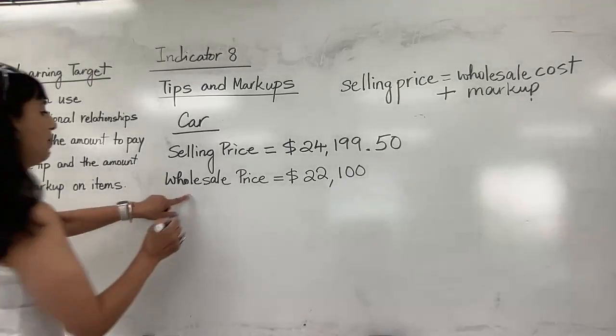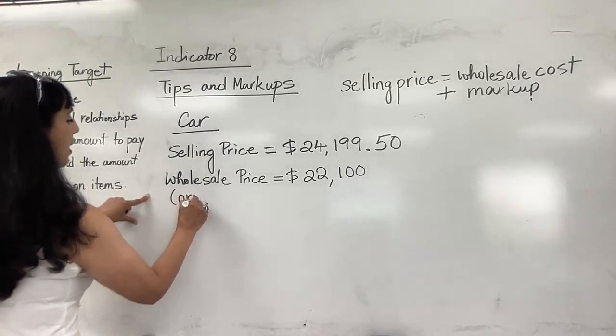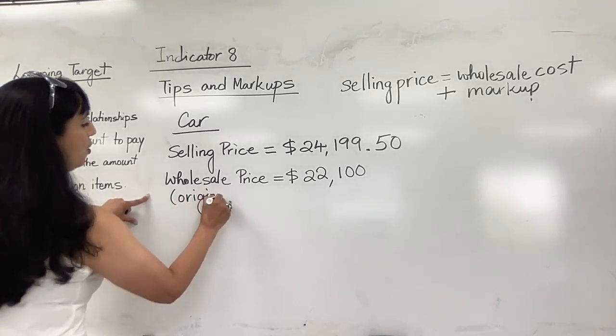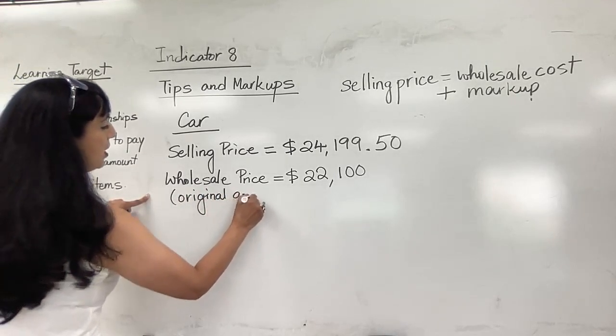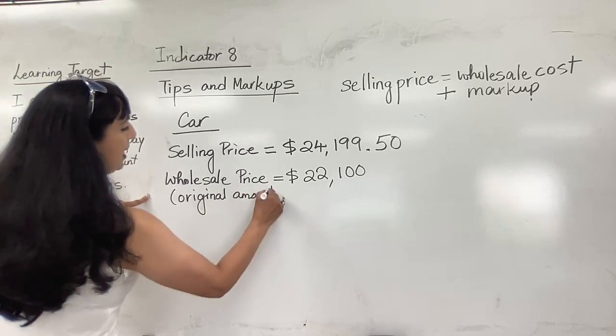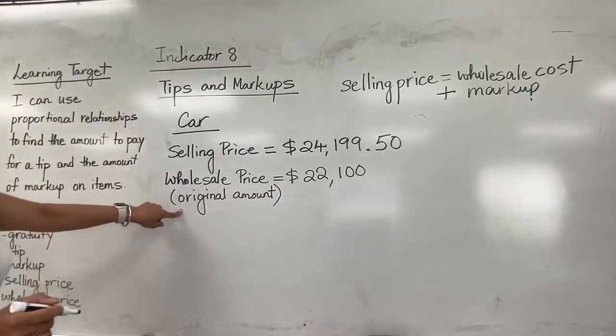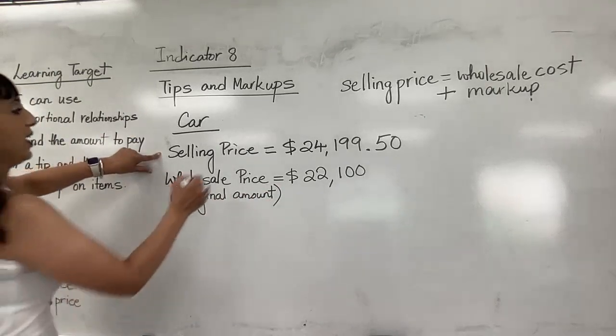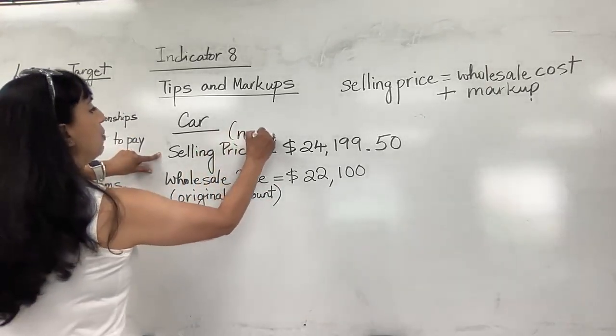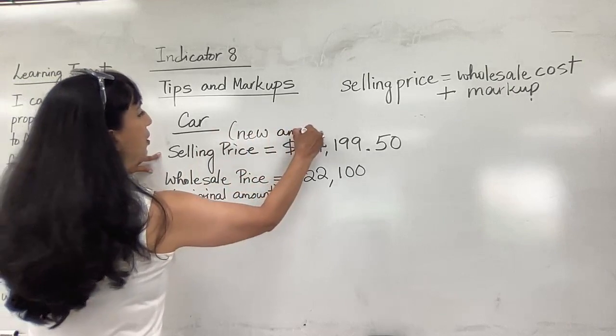The wholesale price is your original amount. This is what the person who's selling the car started with, and then made the price so much higher. So this is now your new amount.